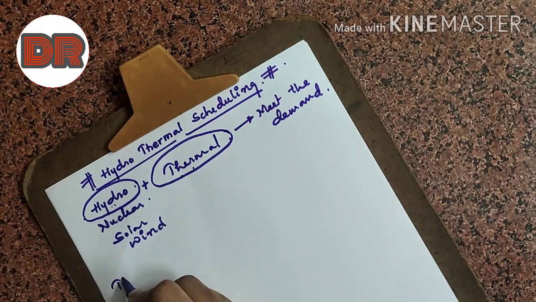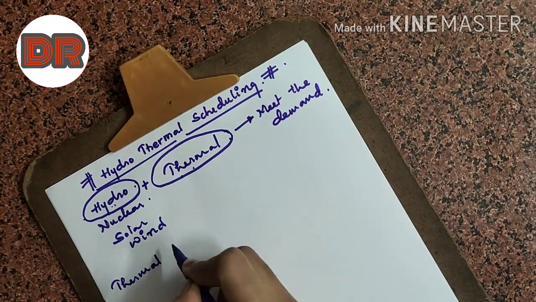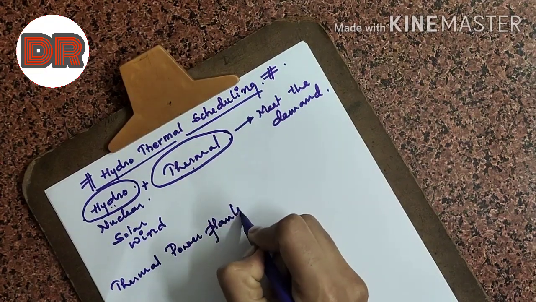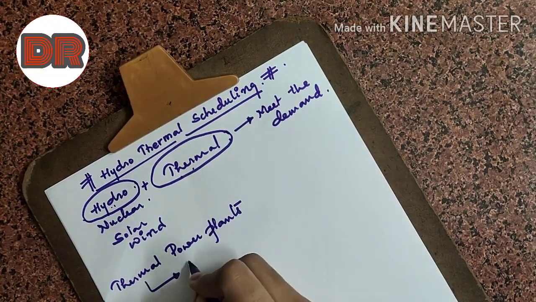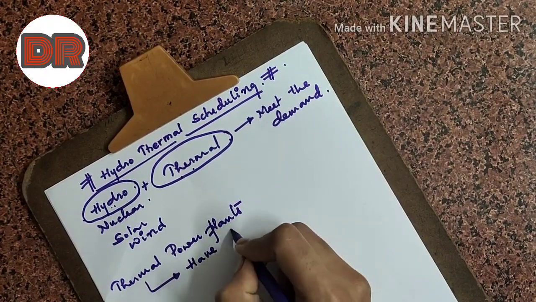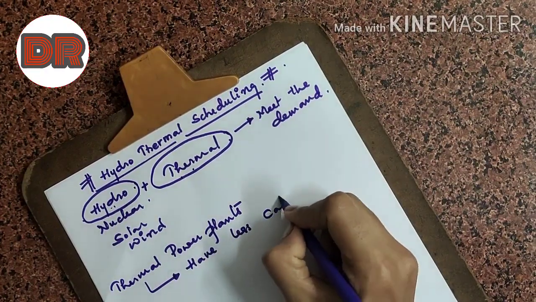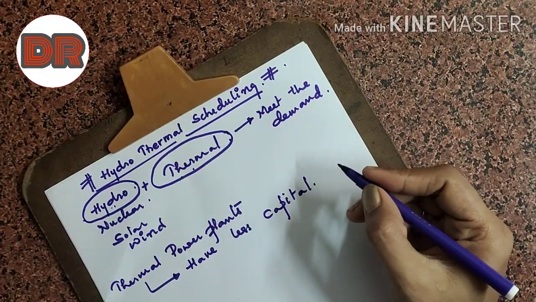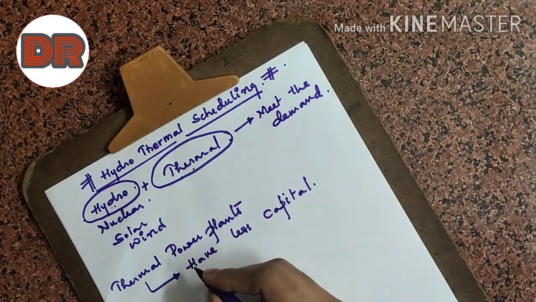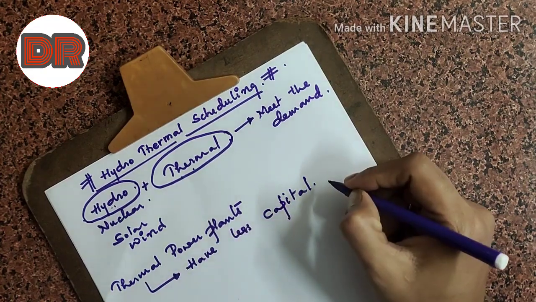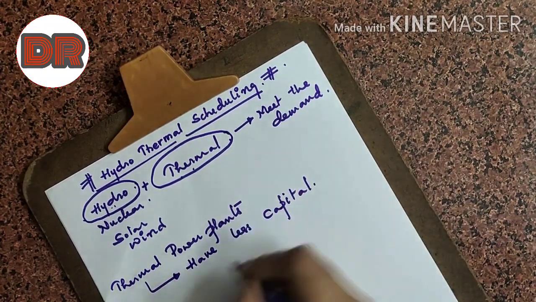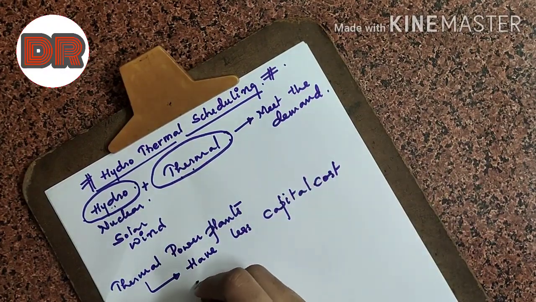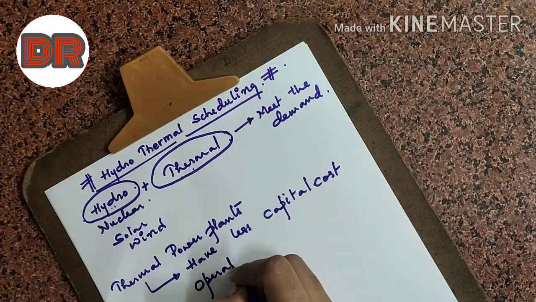Thermal power plants have less capital cost. So if I compare thermal power plant and hydropower plant, I can note down a few points here. Thermal power plants have less capital cost, but their operating cost is very high.